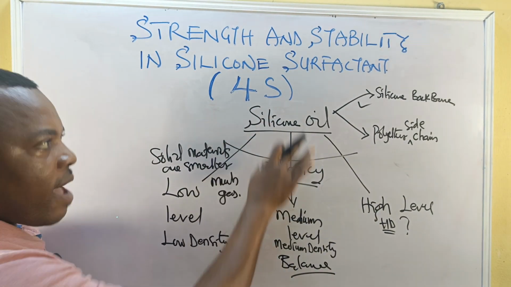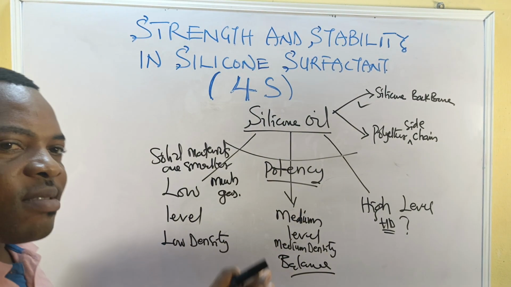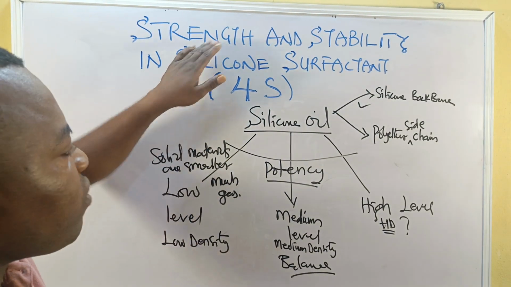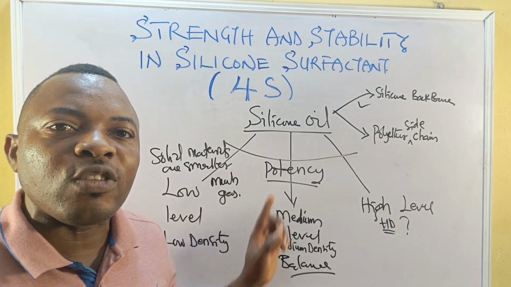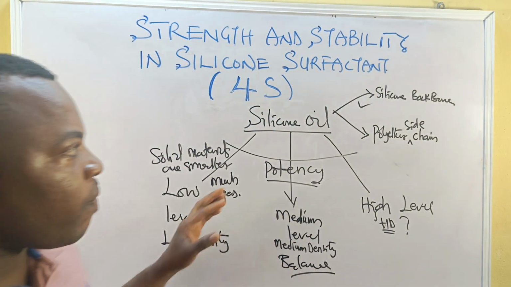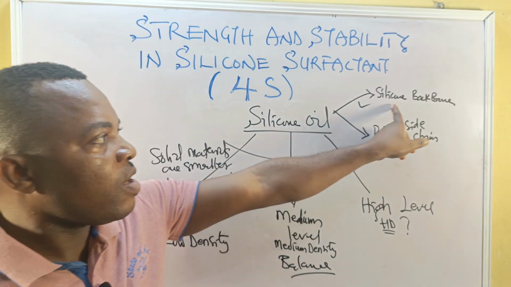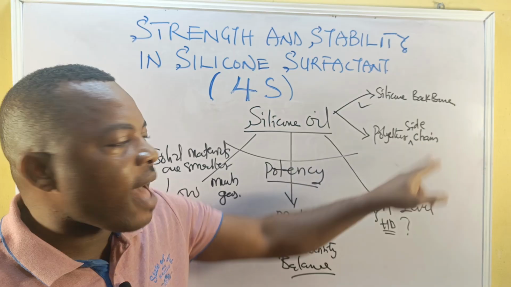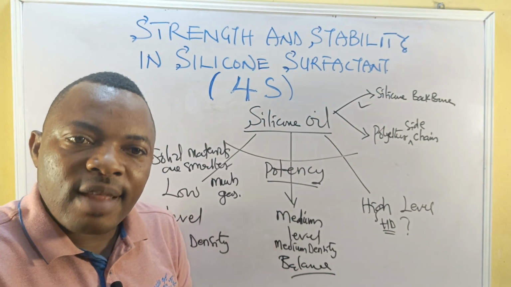We call it 4S, the strength and stability of your silicone. What is the strength of your silicone? Select it according to the density. What is the stabilization? The presence of the silicone backbone and polyether side chain in that silicone.